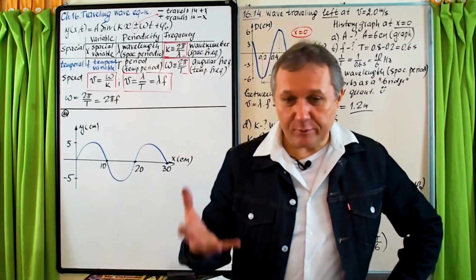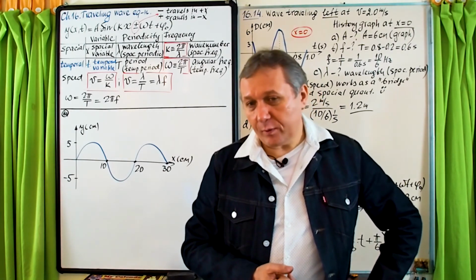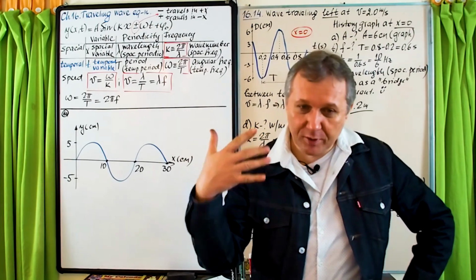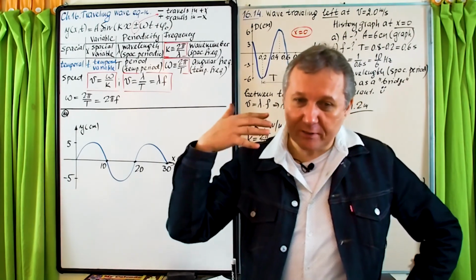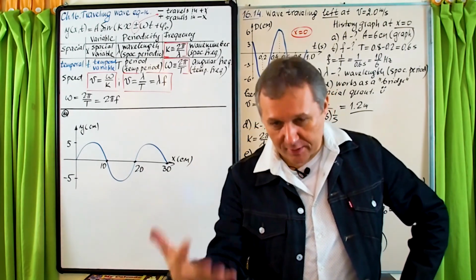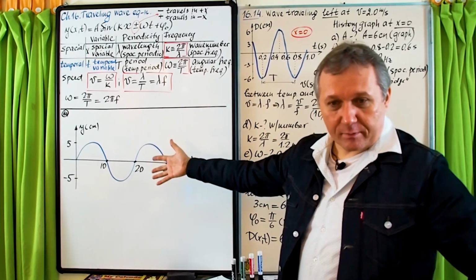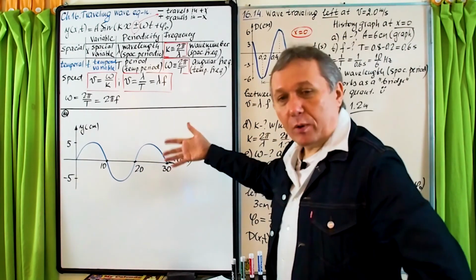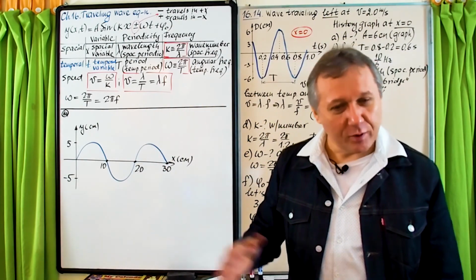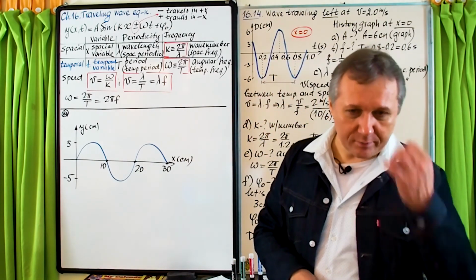Basically, if you grab a camera and take a picture of a wave on a cord, that's what you're going to get. Once you take the picture, it's a snapshot. You freeze the wave in time. So now we just need to say at which moment of time the wave was frozen, and the problem says it was done at the initial moment of time, t equals 0.